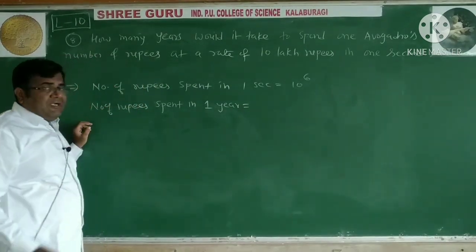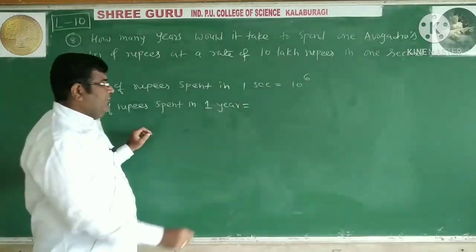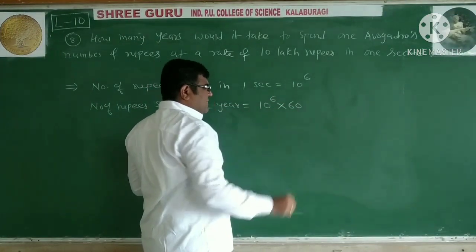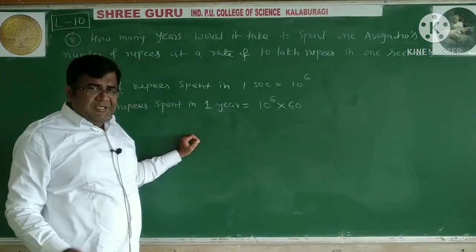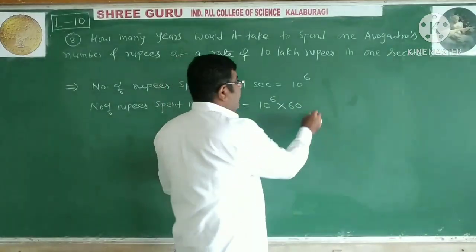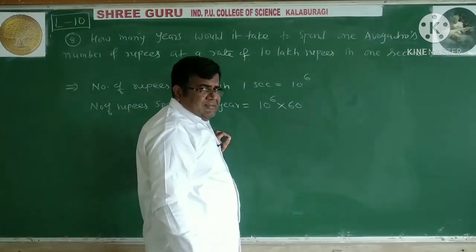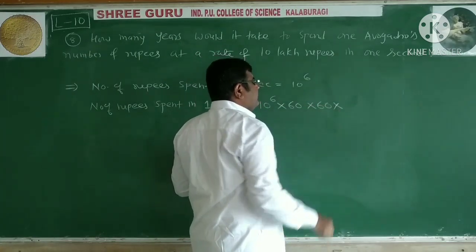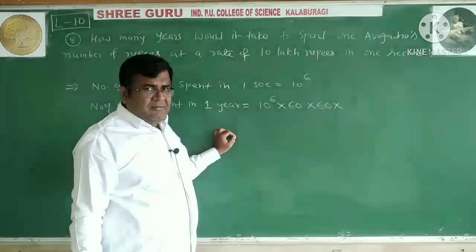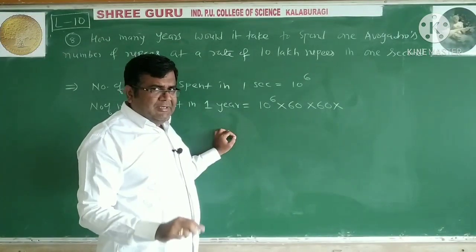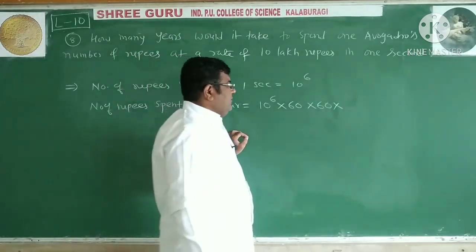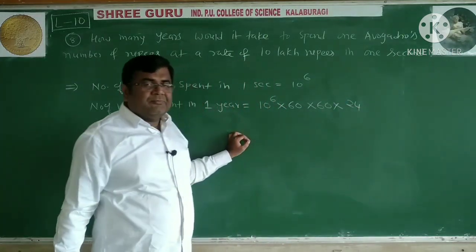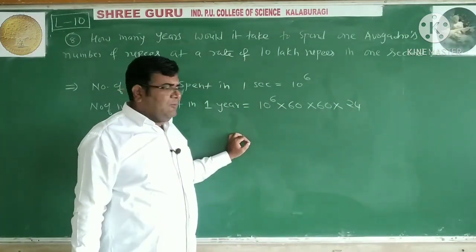If we are spending that much in a second, multiplied by 60, it becomes minute, because 1 minute has 60 seconds. Multiplied by 60, that becomes 1 hour, because 1 hour consists of 60 minutes. Multiplied by 24, because 1 day consists of 24 hours.